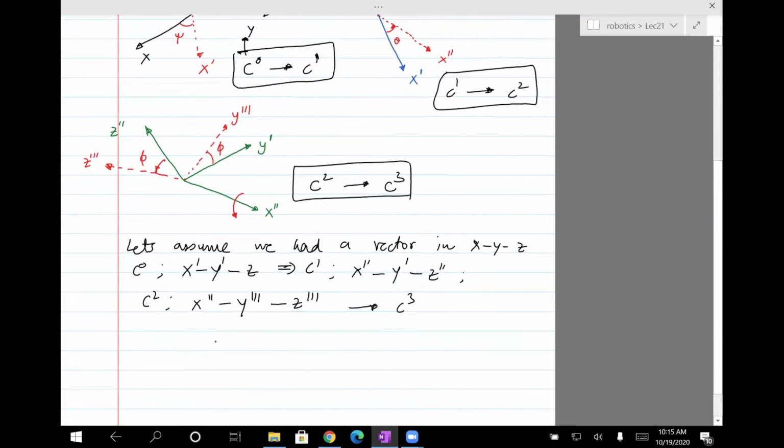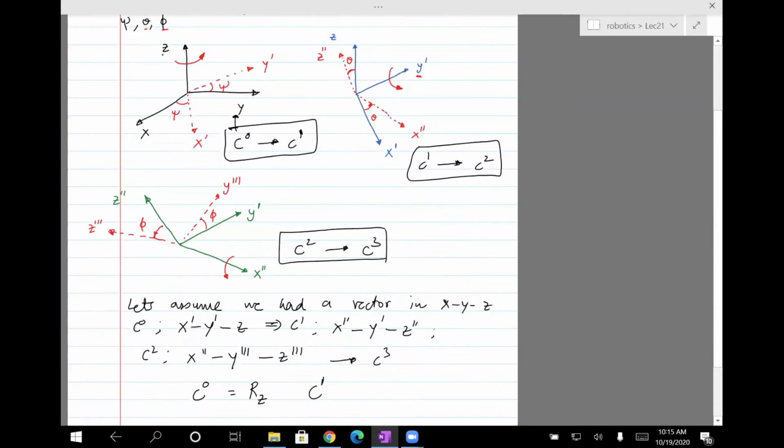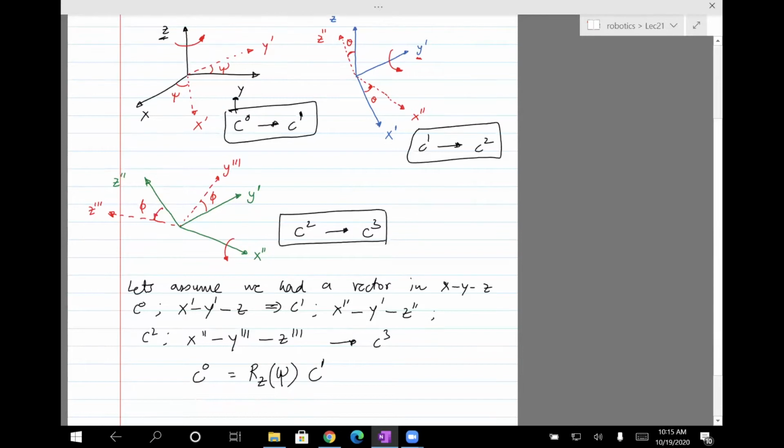So the way we do this is C0 is related to C1 by a rotation matrix, and that rotation matrix is rotation about the Z axis, because the first rotation, if you see, was along the Z axis. So that rotation is psi about the Z axis.